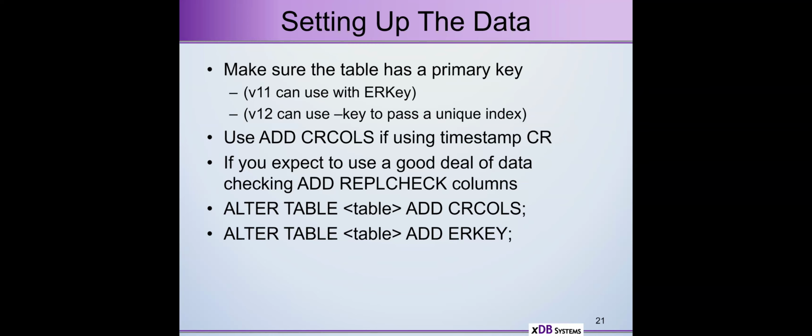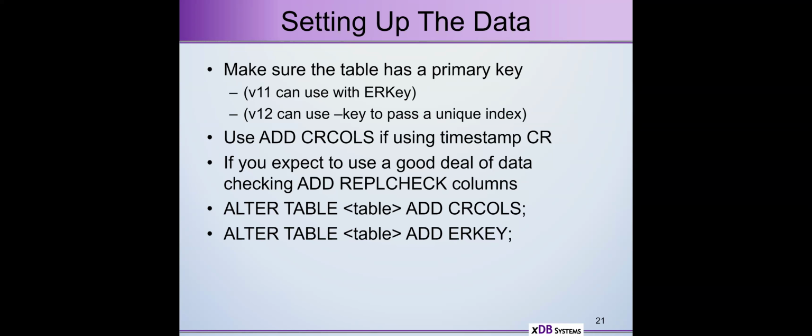There are a couple of special parameters you can use also, like add CR cols here. The add CR cols is required if you're using timestamp conflict resolution. It's what actually keeps the timestamp. At the bottom here, I also have add ER key.